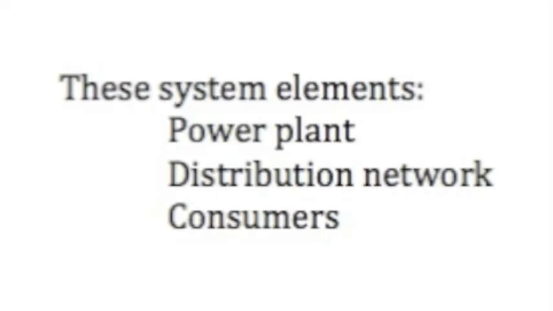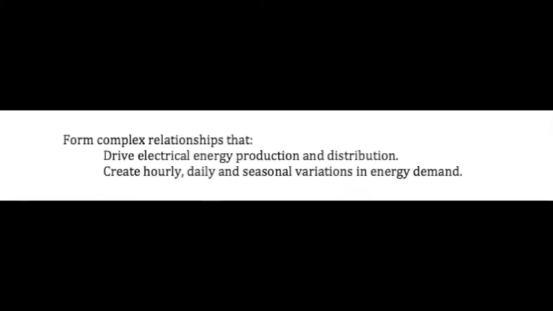So these system elements, the power plant, distribution network, consumers, form complex relationships with information and material flows between them. And these complex relationships drive electrical energy production and distribution, creating hourly, daily, seasonal variations in energy demand.